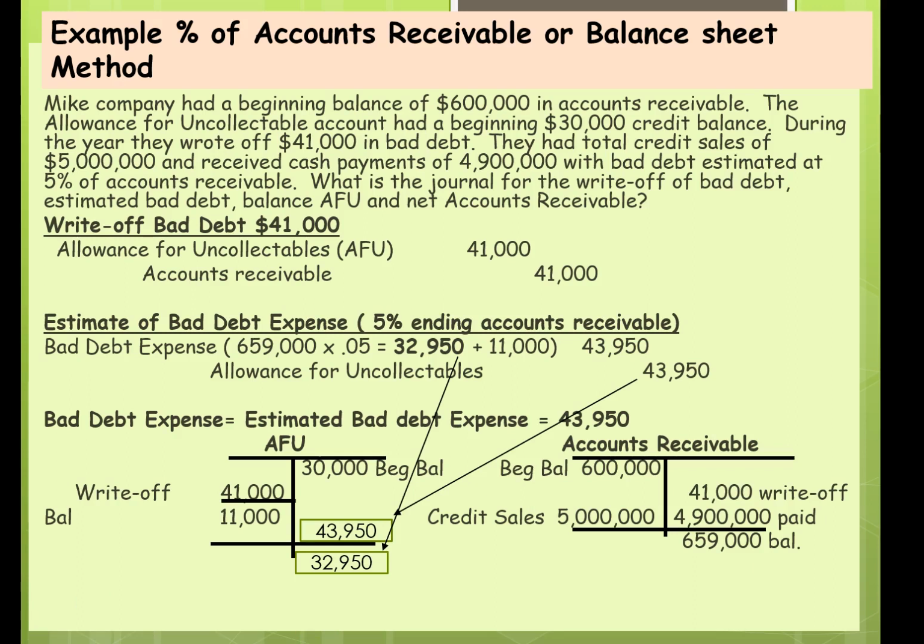So again, whenever we're using percentage of accounts receivable or either one of the balance sheet methods, including aging, when we come up with our estimate, that estimate is always what the ending balance needs to be, and then we have to add back in if it's a debit balance and subtract out if it's a credit balance to get the actual bad debt expense.